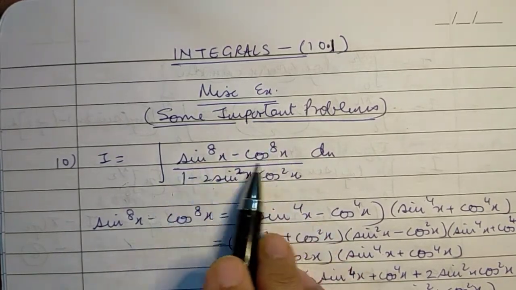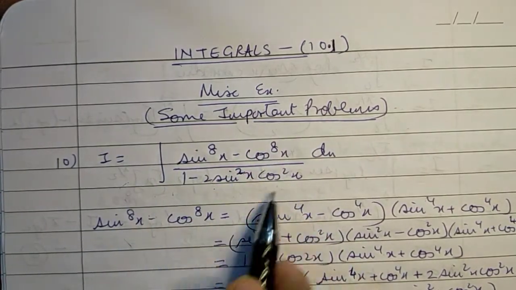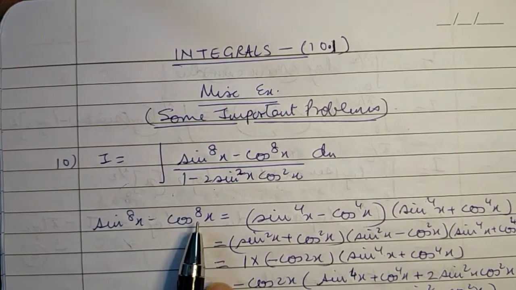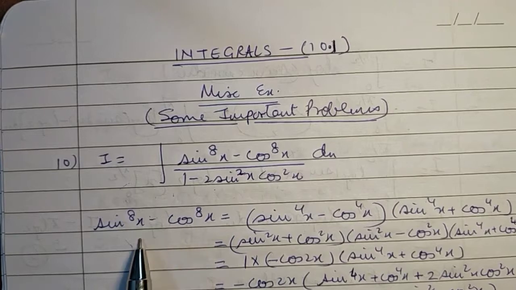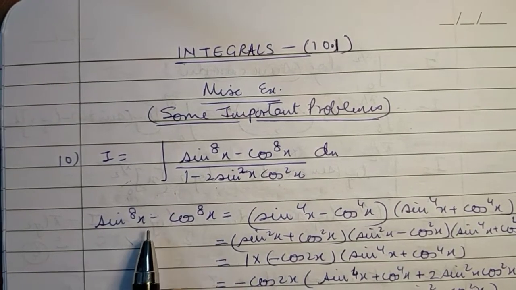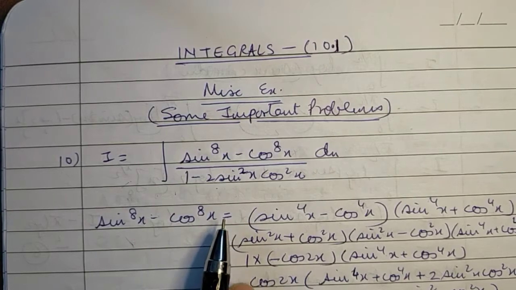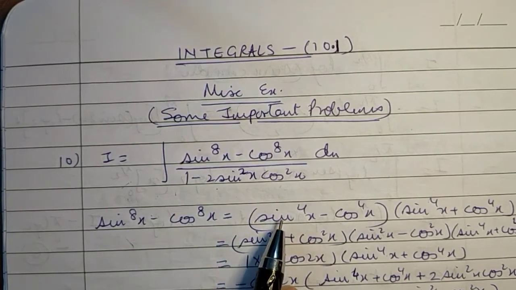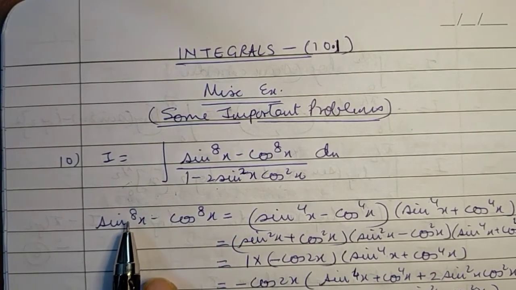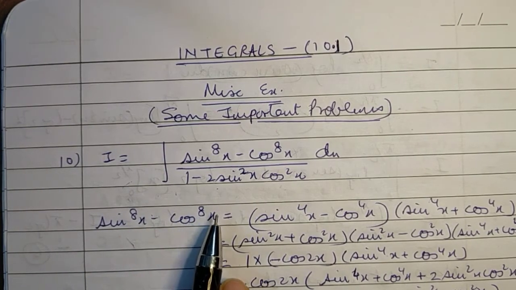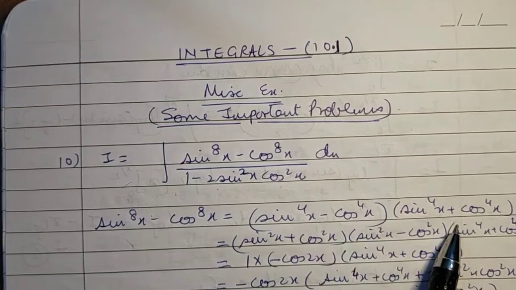For that we'll first take up the numerator of the integrand, which is sin^8 x minus cos^8 x. Here we will make use of the property a squared minus b squared is (a minus b) into (a plus b), treating a as sin^4 x and b as cos^4 x. So we get these two terms.